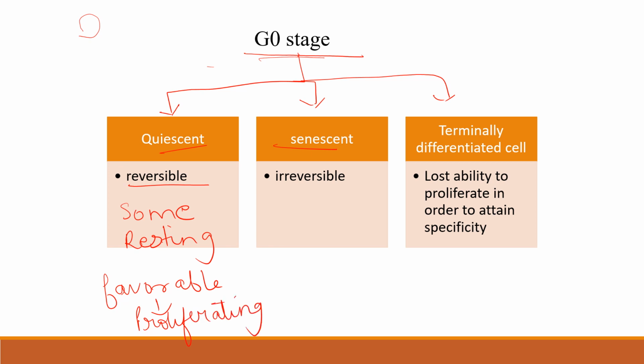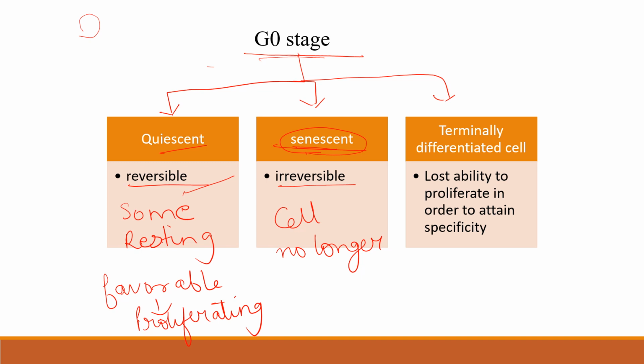So this is known as reversible or quiescent stage. But the next phase is senescent phase, which is an irreversible stage, meaning that the cells which have once attained the senescent stage would no longer divide in any condition. Even if it gets a favorable condition, it won't divide. So this is a senescent stage.